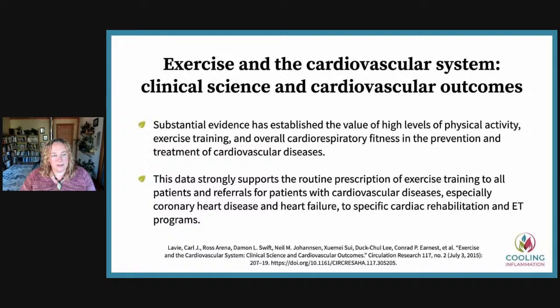The notes here are that substantial evidence has established the value of high levels of physical activity, exercise training, and overall cardiorespiratory fitness in the prevention and treatment of cardiovascular diseases, and that the data strongly supports the routine prescription of exercise training to all patients and referrals for patients with cardiovascular diseases, especially coronary heart disease and heart failure, to specific cardiac rehabilitation and ET programs.